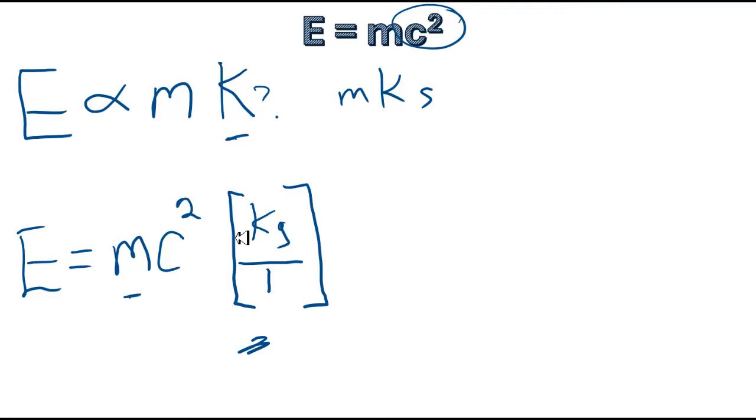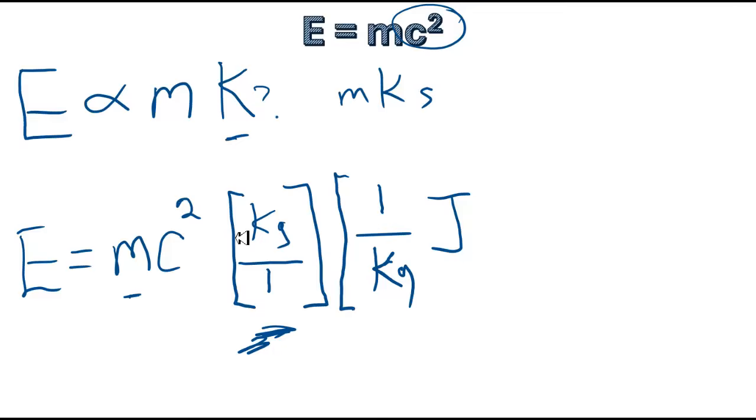Now we're going to write the units of the constant. In order to do that, we need to reverse this and write the reciprocal, so I'm going to write 1 over kilogram. So we reverse the units of the variable, and then we just write joule here. So these are the units of c squared.